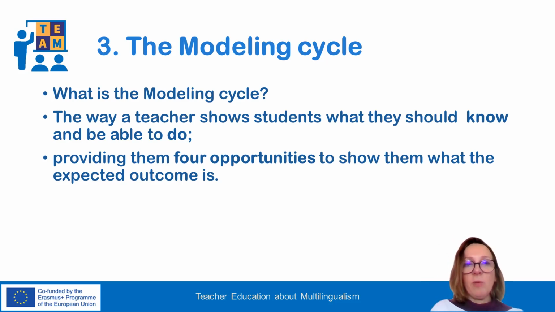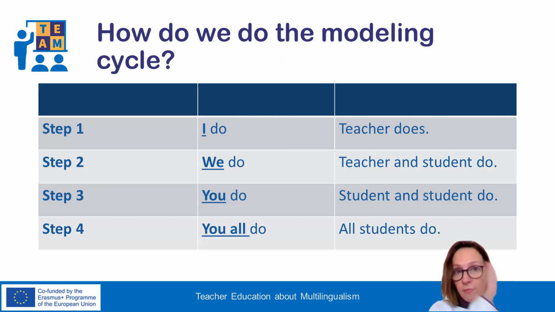Let us have a look at it. This is the full modeling cycle, which includes 4 steps. In the first step, the teacher models the new language. Only the teacher. The second step includes the teacher and the student who will model together the new language. The third step includes a student and another student who together will model the new language.